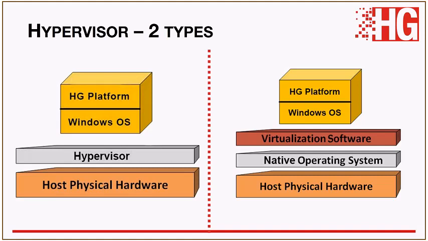Now, type 2 actually has a native operating system in it. For example, it might be a physical server that's running Linux, and then on top of Linux would be the virtualization software, which would then control each of the individual virtual machines.